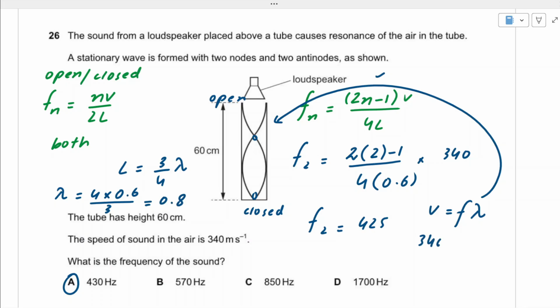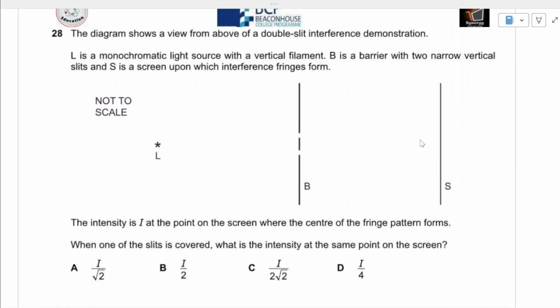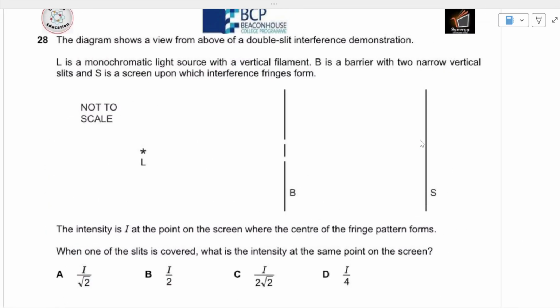Then 340 divided by 0.8 would be the frequency, which is 425. Once again, you can get the same answer. Moving on to the next one.